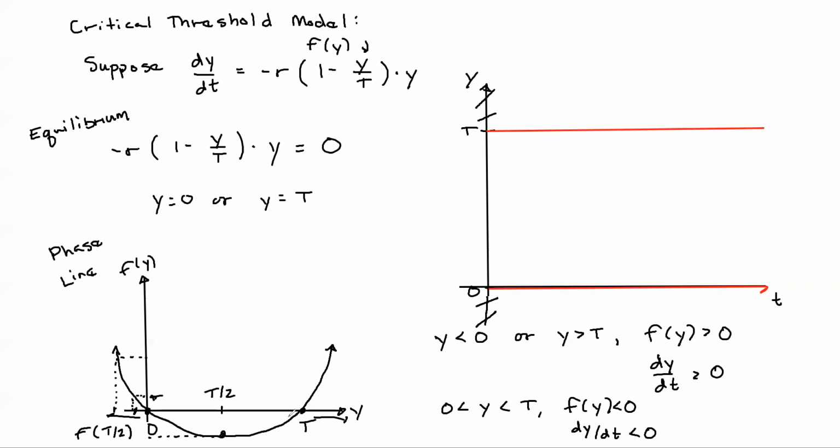What can we see about how those negative slopes are organized? Well, the most negative slope, the lowest output for f of y, occurs at t over 2. And so we could say here we have the max negative slope at that point that's halfway between the two. And you can draw the steepest negative slope there. And then as we go towards 0, we get negative values that get smaller.